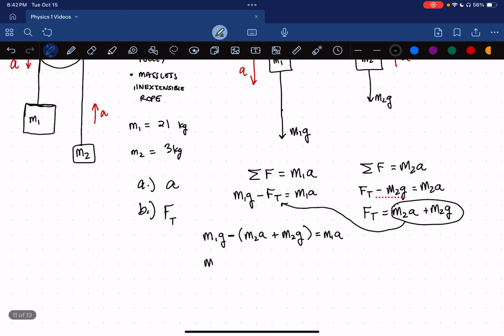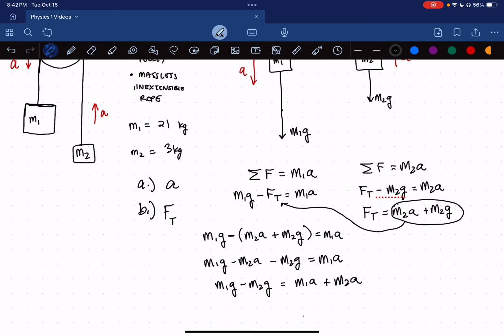Cool, let's distribute: m1g minus m2a minus m2g equals m1a. Let's get g's on one side, let's get a's on the other side. m1g minus m2g equals m1a plus m2a. We want to create an expression that isolates a.